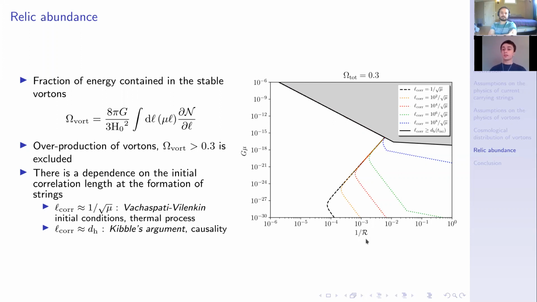You also can say that via causality, the correlation length is roughly the Hubble radius. And in this case, you have this solid line here that draws this gray region, which we call the irreducible production of relic photons. So this region here does not depend on the initial conditions, and it's something that is pretty strong.